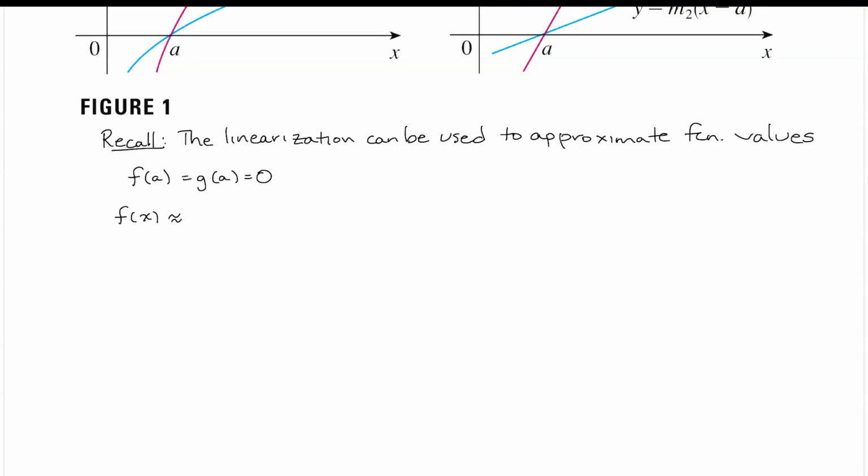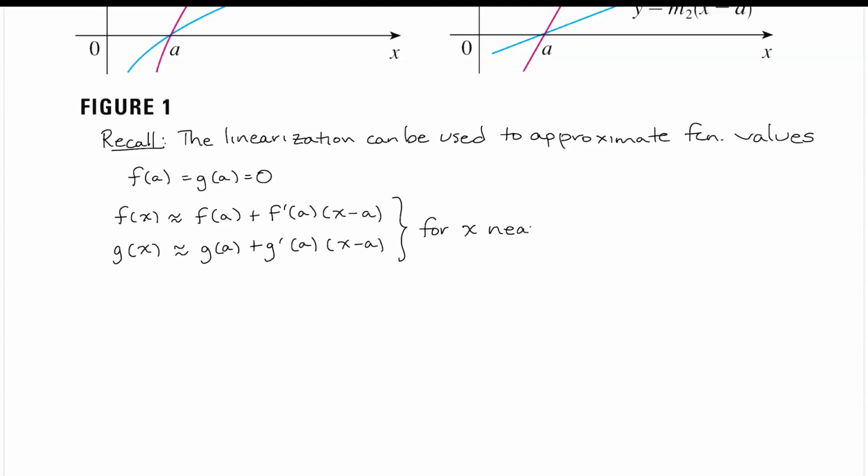So f of a and g of a are both 0, right? We can see that in the left-hand picture. And the linearization says that f of x is approximately f of a plus f prime of a times x minus a, and g of x is approximated by g of a plus g prime of a times x minus a, and those approximations will be good when x is near a, which is important because we're in the limit, we're letting x approach a.